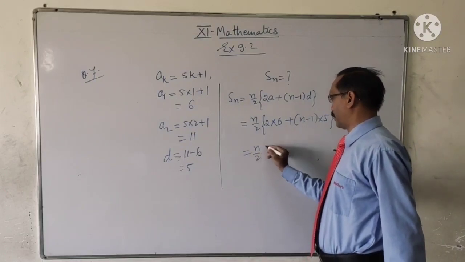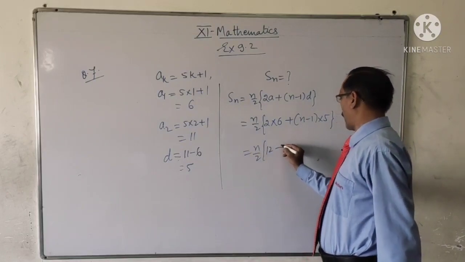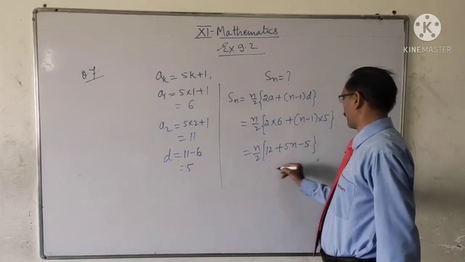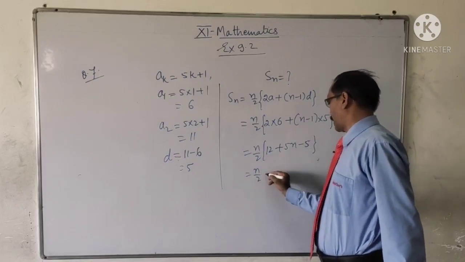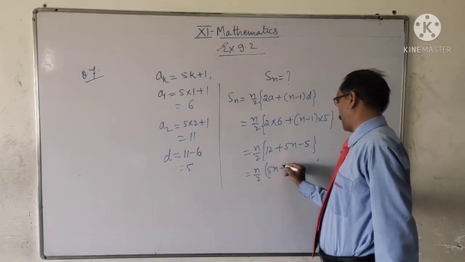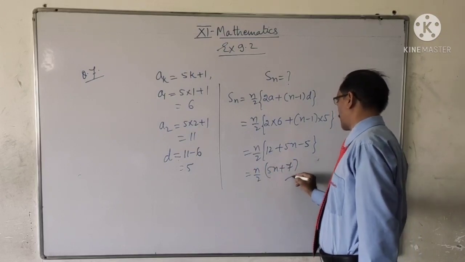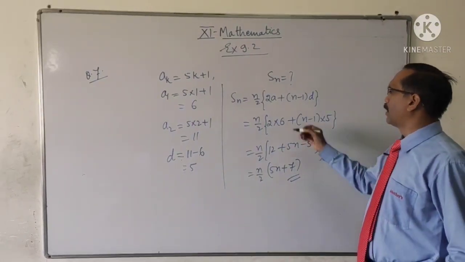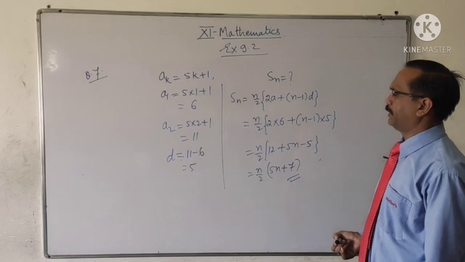It is n by 2 into (12 plus 5n minus 5), or n by 2 into (5n plus 7). This is the sum of n terms of the AP.